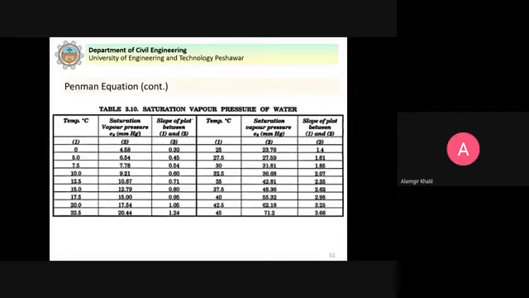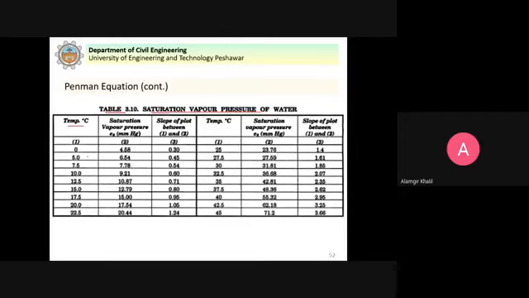These are the tables available from where we can pick the values. This is the table for saturation vapor pressure, table 3.10, and these tables are taken from the book Irrigation and Water Power Engineering by Punmia. You can see in this table we have temperature.